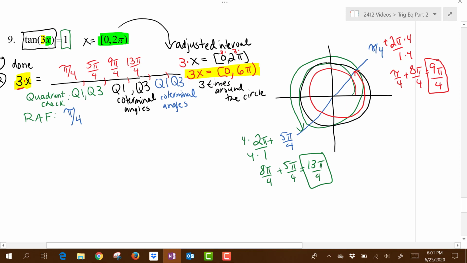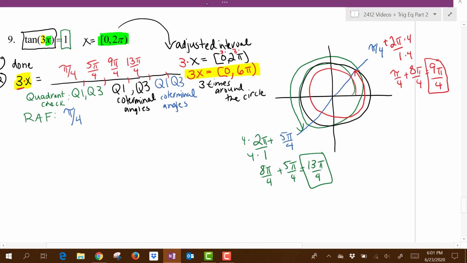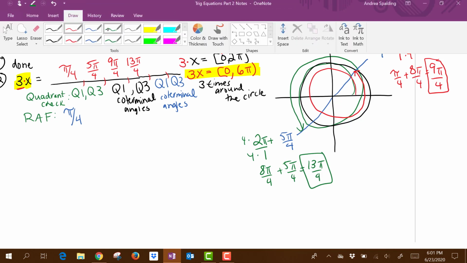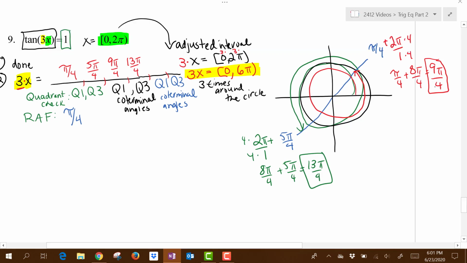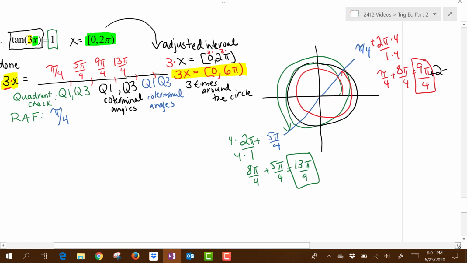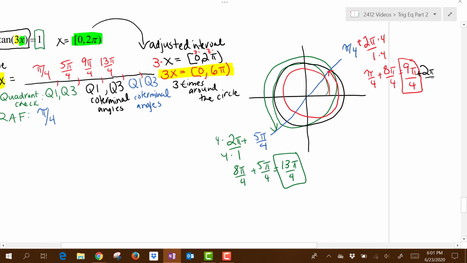But between 0 and 6 pi means we need to go 3 times around the circle, so we're going to add 2 pi again. So I'm going to take the two angles that we just found, those coterminal angles, and we're going to add 2 pi to those. Okay, so this is for the second time around the circle. If we add 2 pi, we're going to get an angle for the third time around the circle.